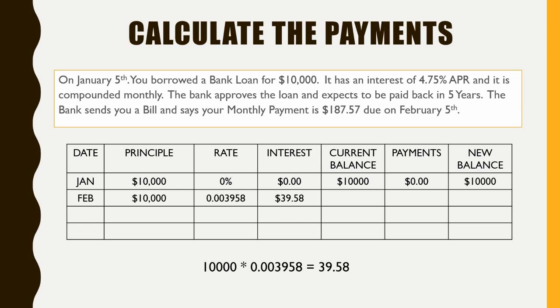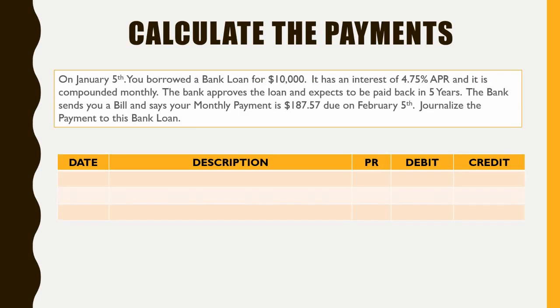And so that means my current balance tells me that I owe $10,039.58. Okay? So let's actually see what happens when we make that payment. So if I decided to make that payment of $187.57, what portion goes to the actual current balance?